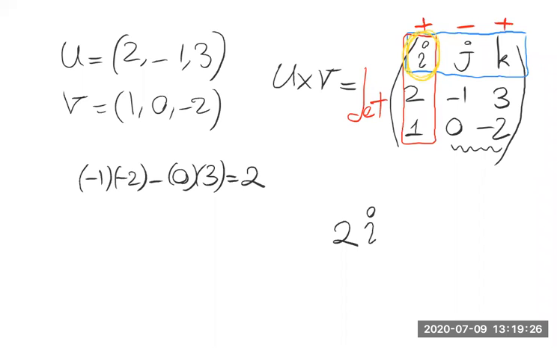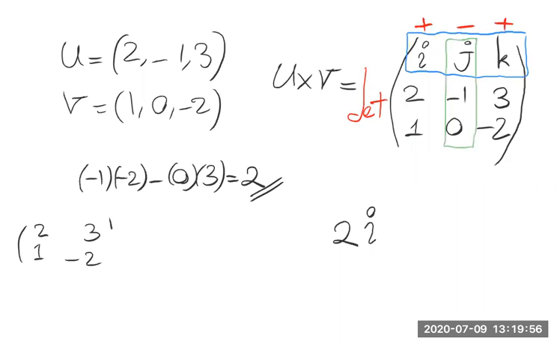Just write i there. It's not a number, but just write it there. It's just like there was a number there. We would multiply this determinant by this number here. We just do the same thing here. Okay, erase the first column. Look at the second column. If I remove this row and this column, what remains is this 2 by 2 matrix, 2, 3, 1, -2.